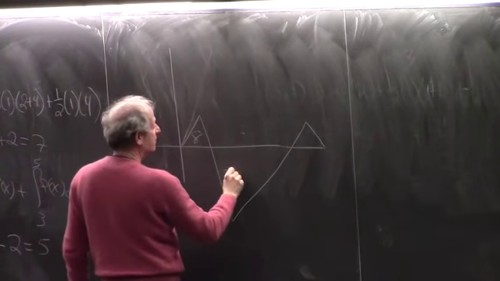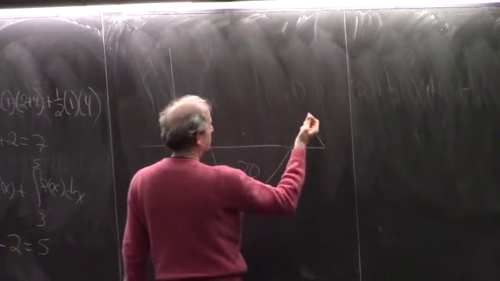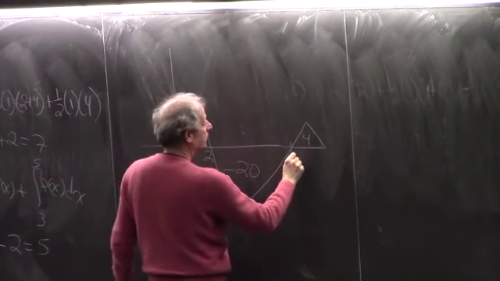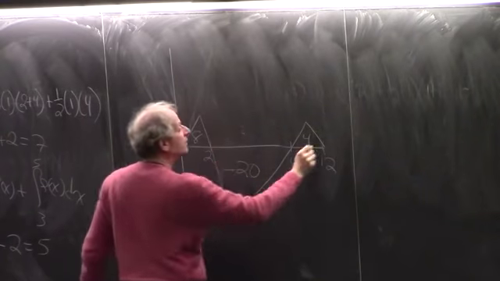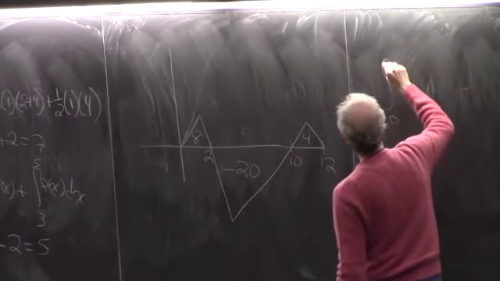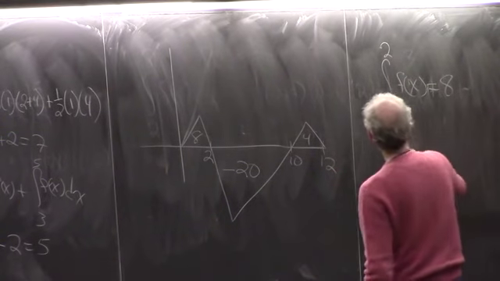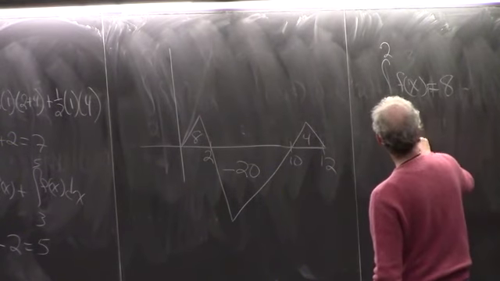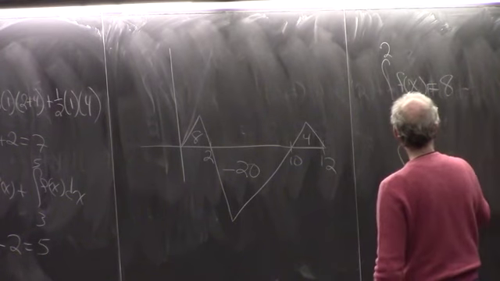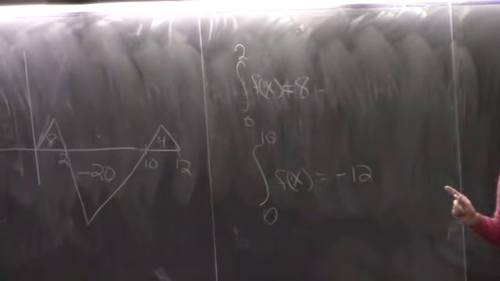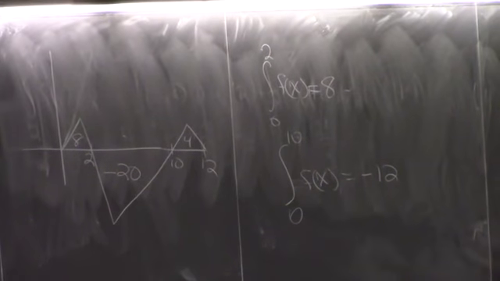Let's say that's 8, minus 20, and 4. Okay? And the integral from 0 to 2 would equal 8. The integral from 0 to 10 would equal negative 12, because it would be 8 minus 20. So you can get a negative answer.